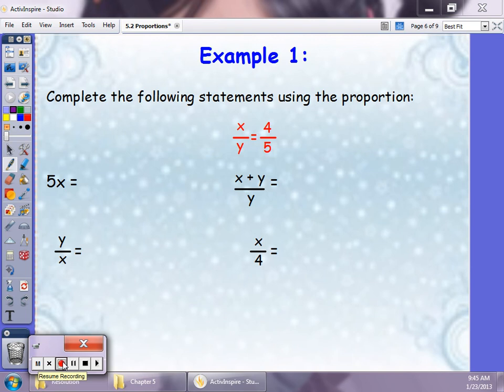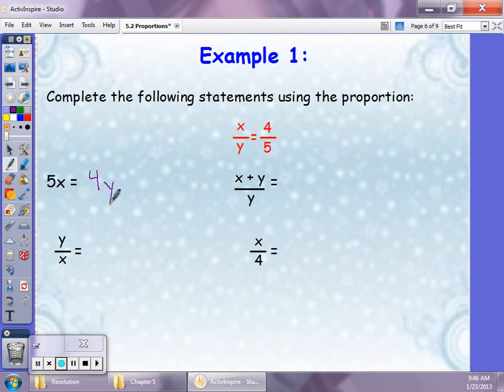Using what we know about special properties of proportions, let's take a look at example 1. Complete the following statements using the proportion x over y is equal to 4 over 5. So if we take 5 times x, we can say that that is equal to 4 times y. If we take y over x, we can say that that is equal to 5 over 4.